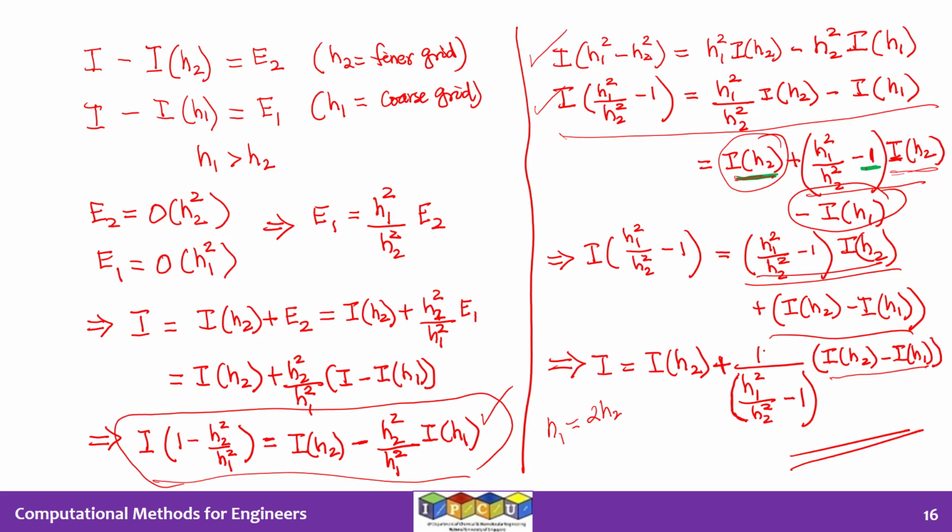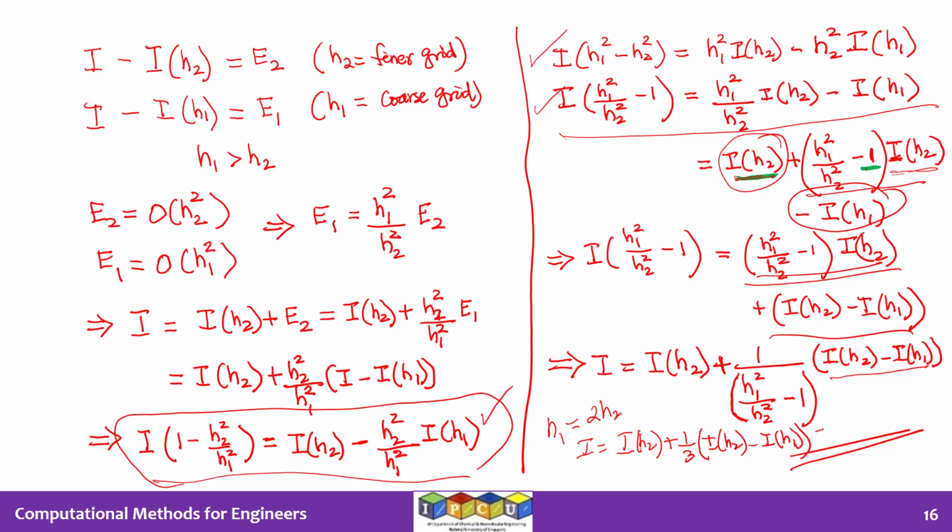So what you get is 1 by 3, because H1 squared by H2 squared is going to be 4. So 1 by 4 minus 1 is going to be 1 by 3. So I is going to be equal to IH2 plus 1/3 times IH2 minus IH1.